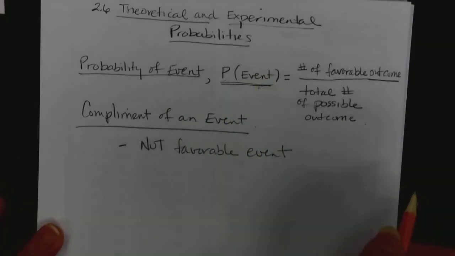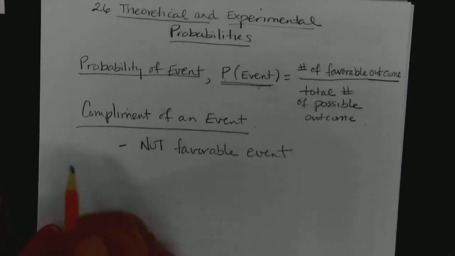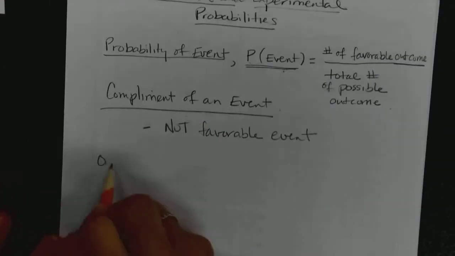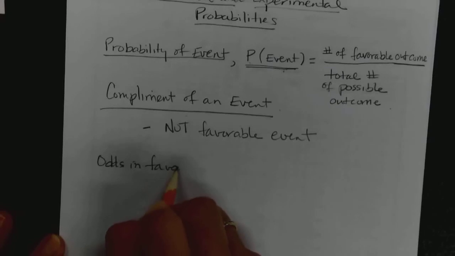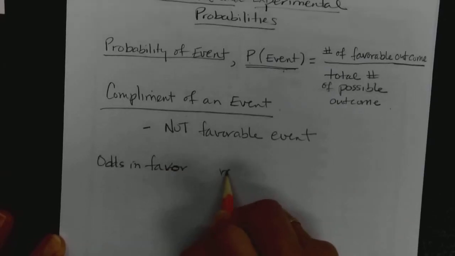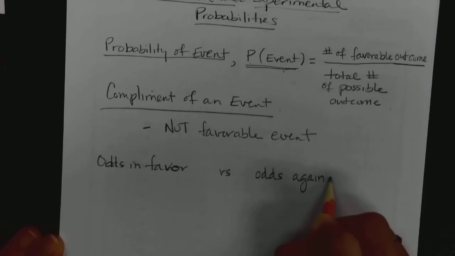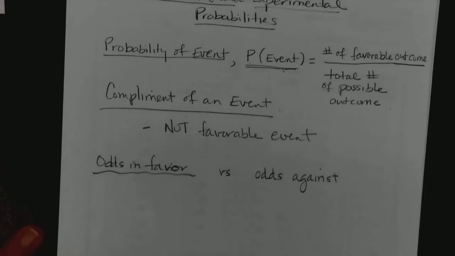All right. Now, besides probability, we're going to do odds in favor and odds against, which is totally different from probability. Sometimes they're going to say, what is the odds in favor of getting this?